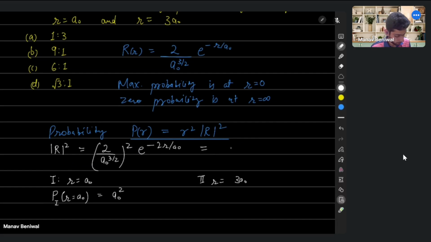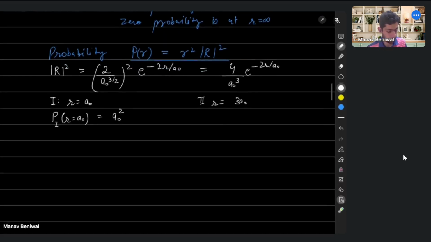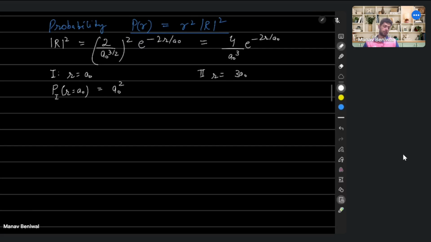So this will be 4 by a naught cube, e to the minus 2R by a naught. So when R is a naught, this simply becomes e to the power minus 2.